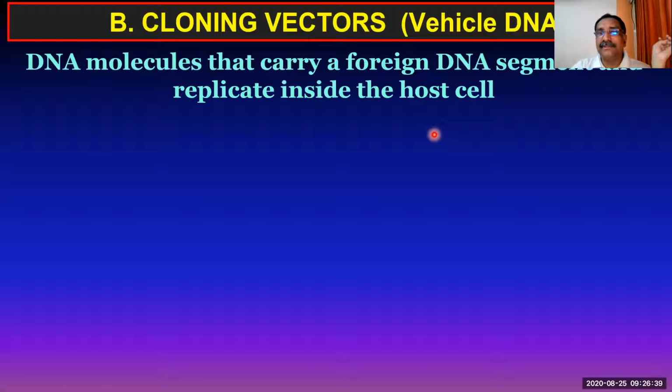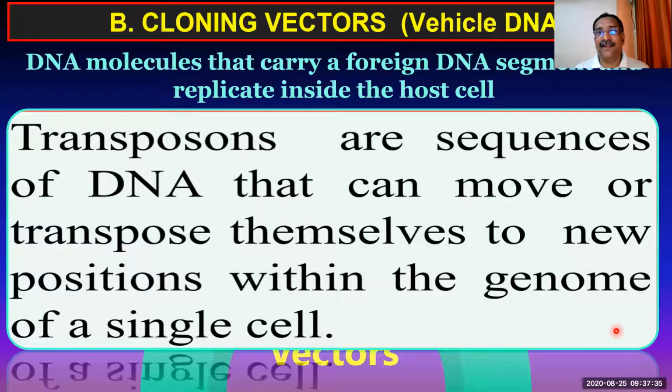The same kind of freedom you can see in DNA also. In a single cell, whatever genome is there, there are certain sequences of DNA that can move and change their position, from one place to another, but with one condition: within the genome of a single cell.